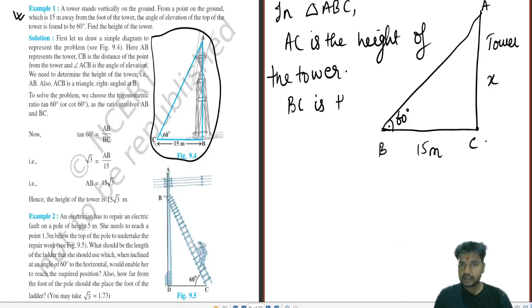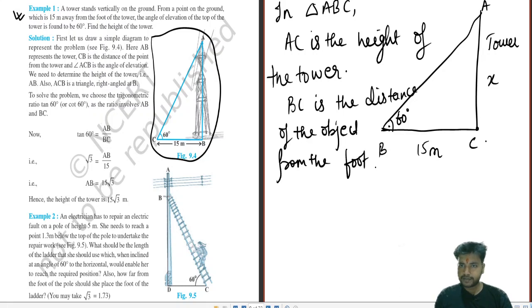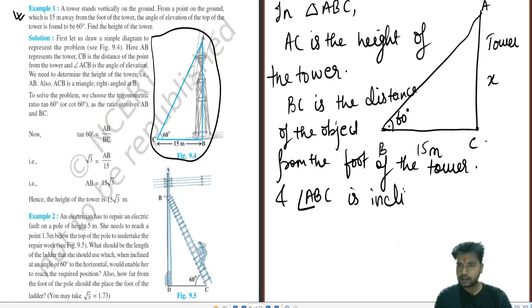BC is the distance of the object from the foot of the tower. Okay, and angle ABC is inclined at 60 degree.